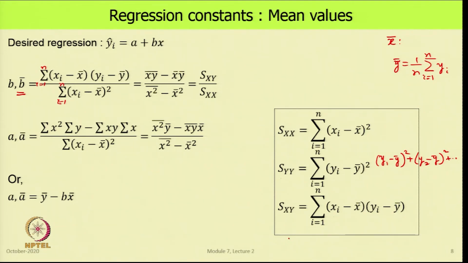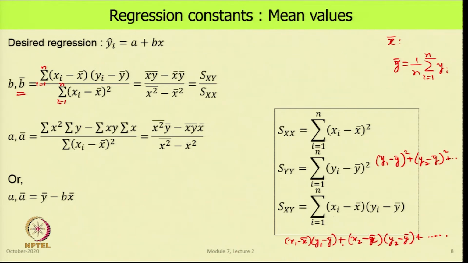So, what we do here is we take x 1 minus x bar into y 1 minus y bar, add to that x 2 minus x bar times y 2 minus y bar and so on. This is our Sxy.